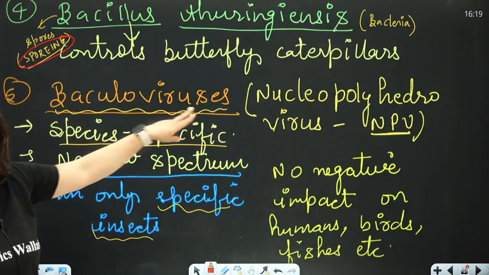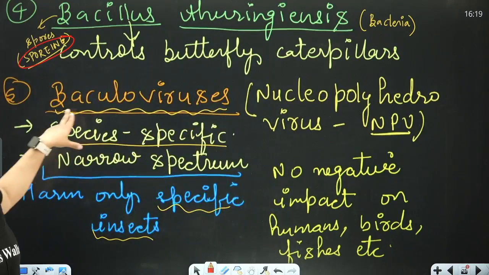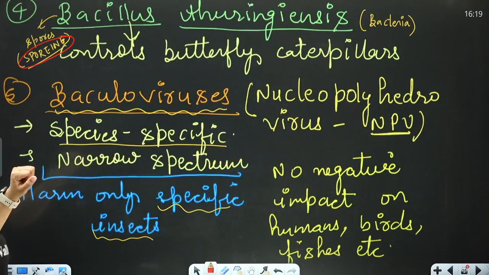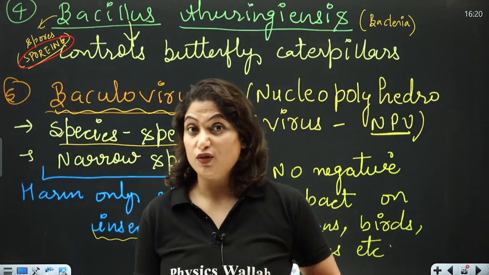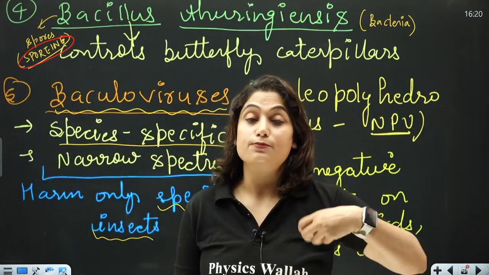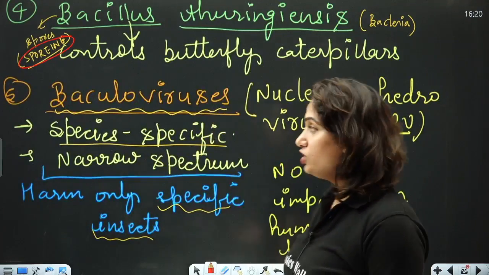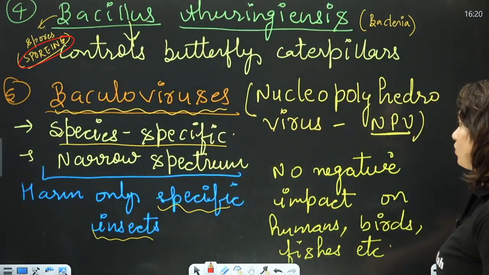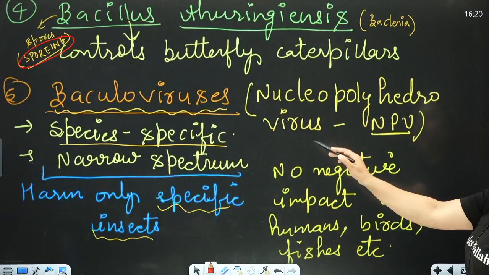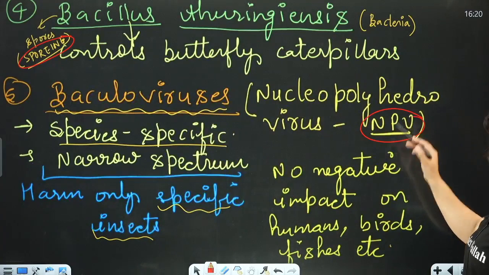Then comes special viruses called baculoviruses. And these baculoviruses are special viruses. They are also used as biocontrol agents. The genus of this virus, this is the common name and the scientific name, is nucleopolyhedrovirus, that is NPV.